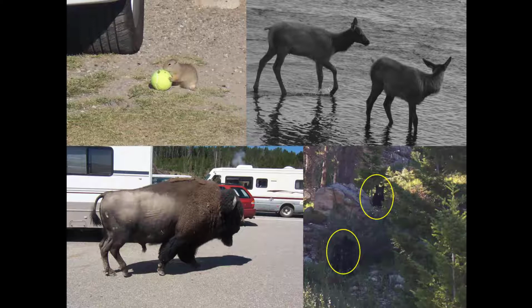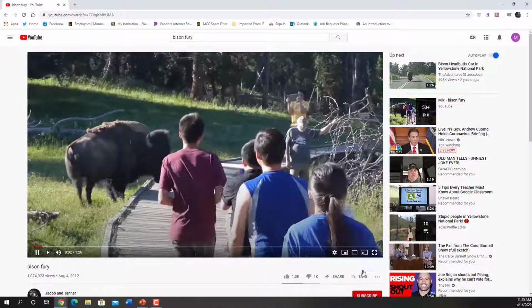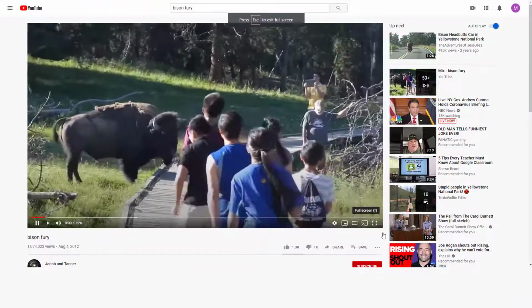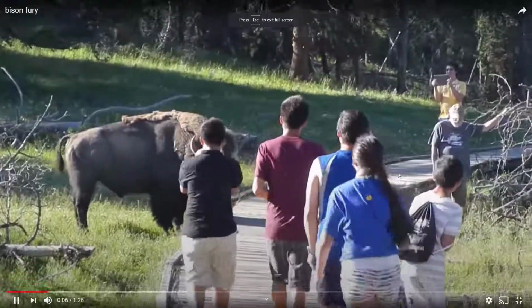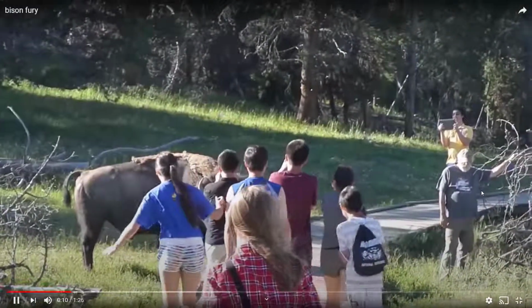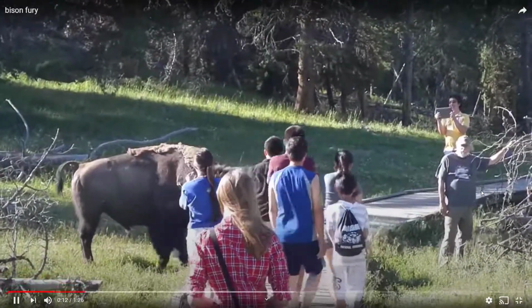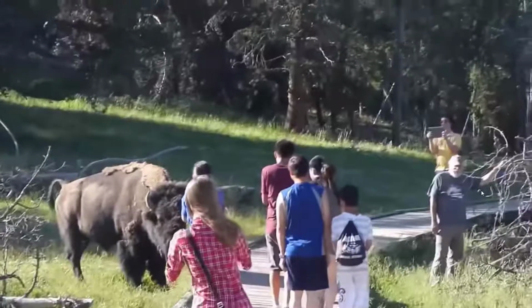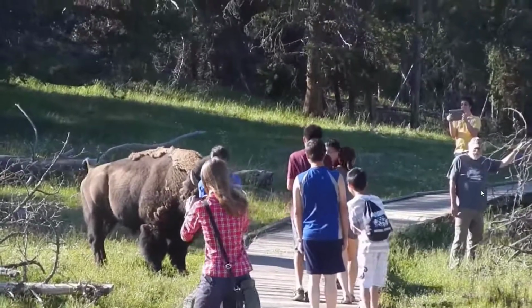In fact, this is one of my favorite videos. I promise no one actually gets hurt in this video of bison in Yellowstone. Bison are humongous. So here's people walking on one of those paths. This man is not on the path, which is not a good idea. But they irritate this poor bison, who lets them know that he is mad.